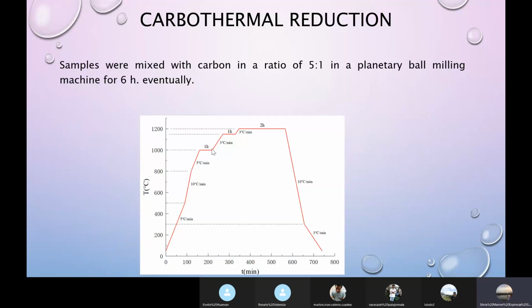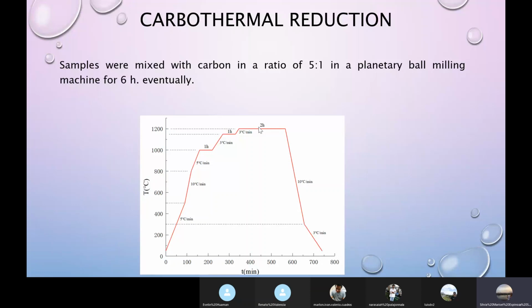The heating continued at 3 Celsius per minute to reach 1140 and was kept there 1 hour more. Then it was increased at 3 Celsius per minute up to 1200 Celsius and kept for 2 hours.